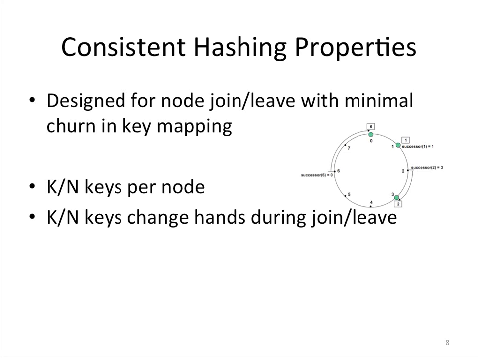Why do we care about transferring keys from one node to another when we insert a node or when a node, for example, dies? Why do we care about that? So if you're making a peer-to-peer system, nodes are probably joining and leaving constantly. Yeah.